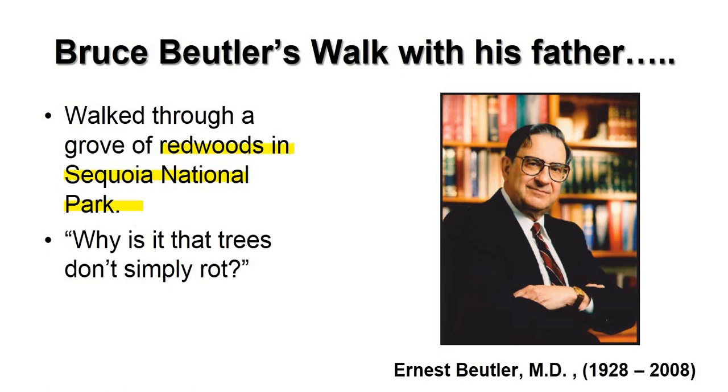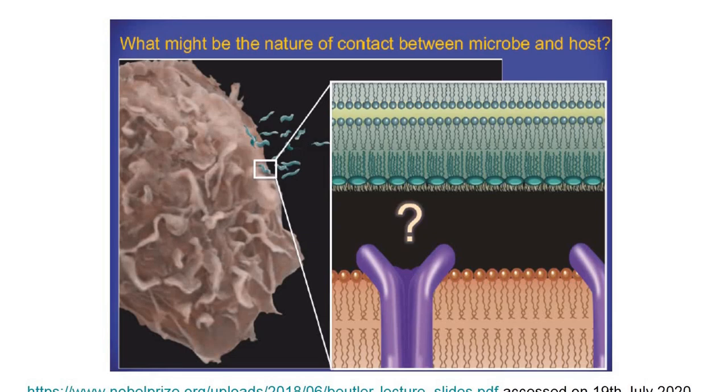As time progressed, Bruce joined academics, and the modified question he asked was: what might be the nature of contact between the microbe and the host? How does the microbe recognize the host?